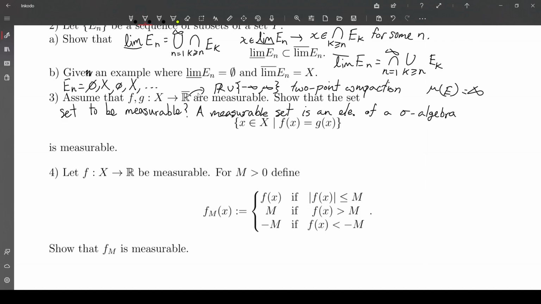And so that's the idea of the extended real line. So yeah, measurable sets are just elements of the sigma algebra. So here, when we have f and g being functions from X to R bar, we're assuming that X has its own sigma algebra and R bar has its own sigma algebra, which is typically assumed to be the Borel sigma algebra or even the Lebesgue sigma algebra. But we haven't gotten to that yet.